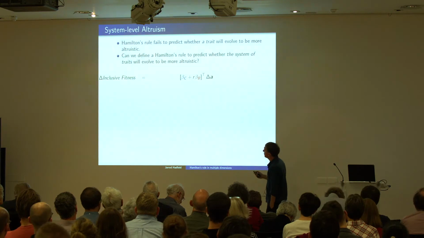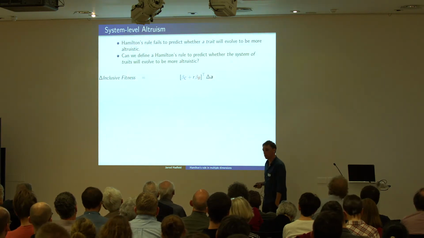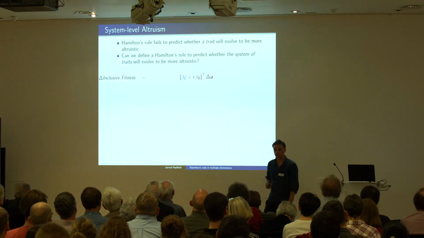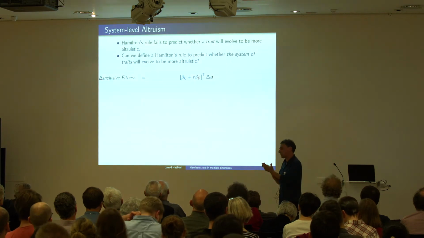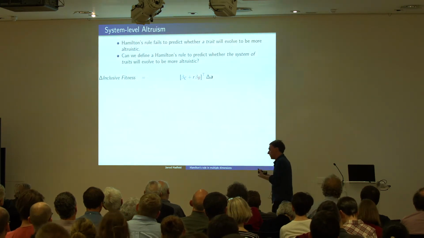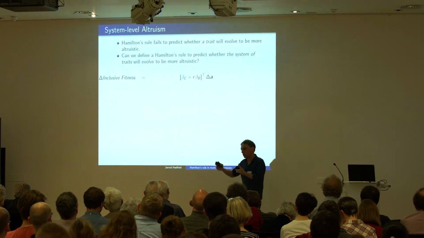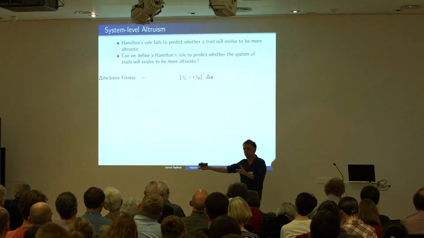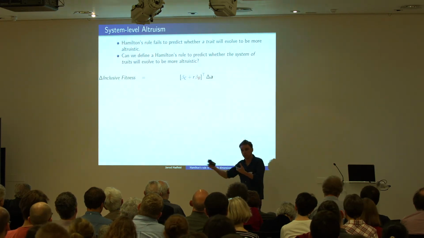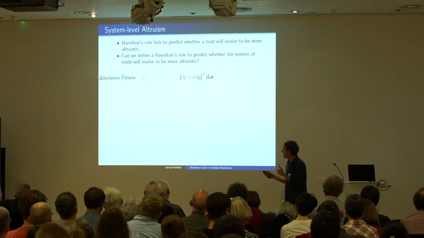To do this, we need to use a concept from Bill Hamilton again, which is inclusive fitness. This is the fitness caused by your own traits plus the fitness of relatives that can be attributed to your traits. So it's both of these terms.